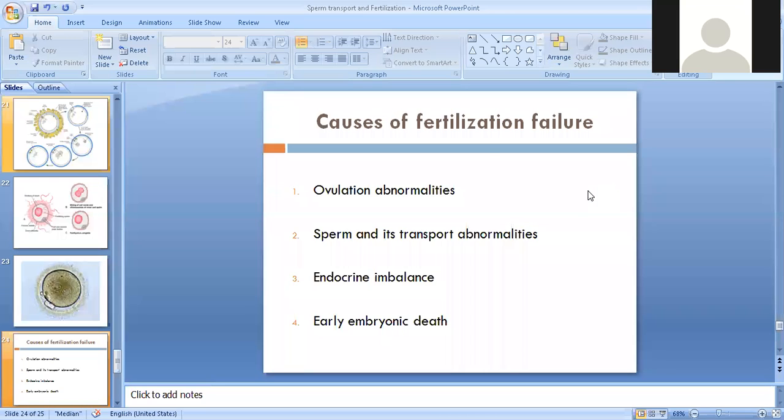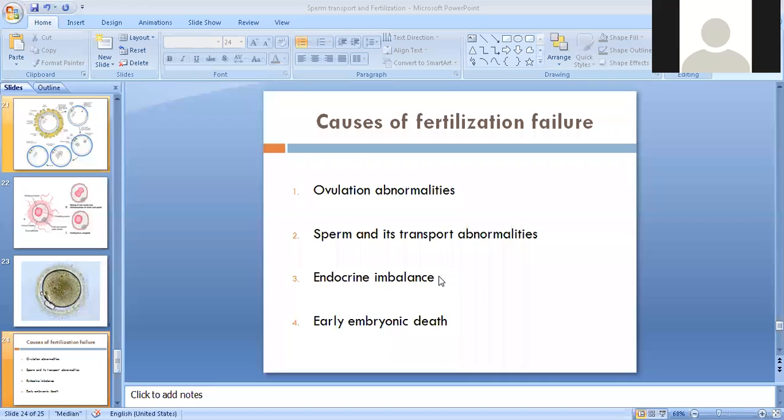There are a few factors which may hamper the fertilization process or lead to fertilization failure, even if successful mating occurs. These causes can be any abnormality with the ovulation process, or sperm and its transport abnormalities. Either the sperms are defective or there is some aberration in the transportation of the sperm cells through the cervix, the uterus, and into the oviduct.